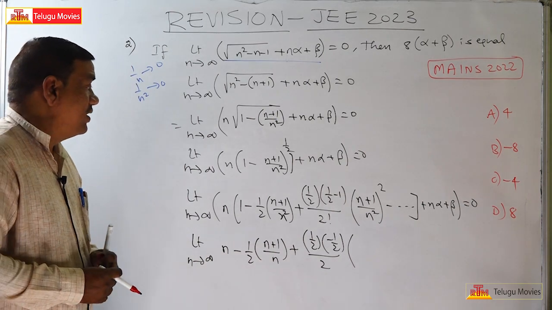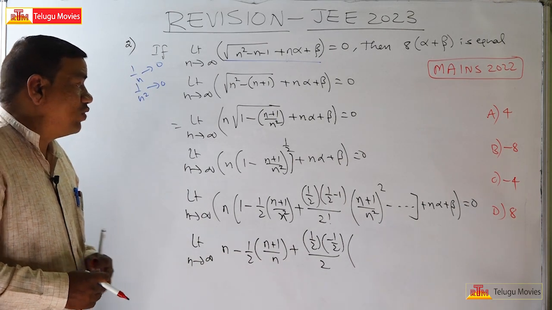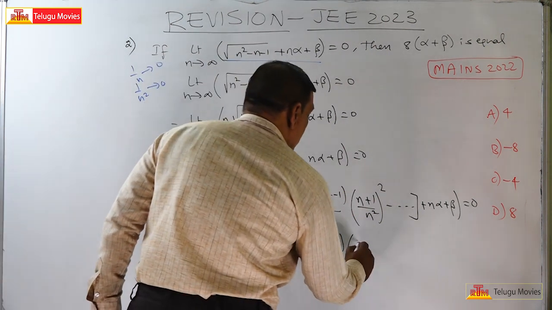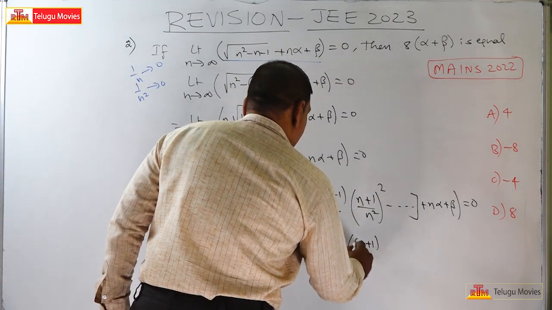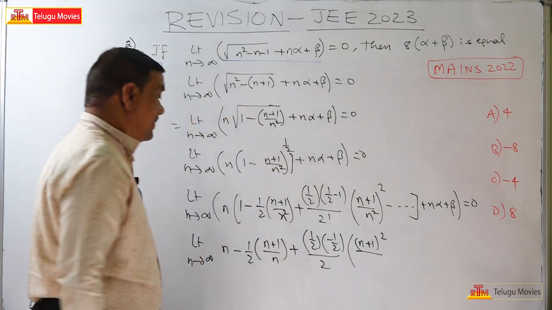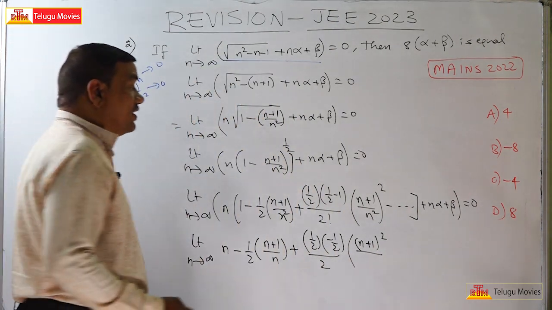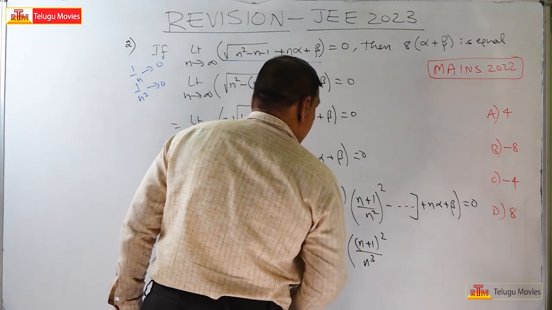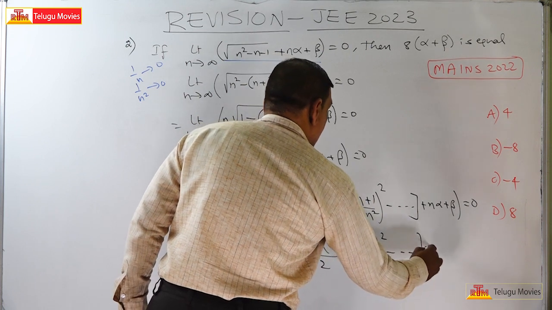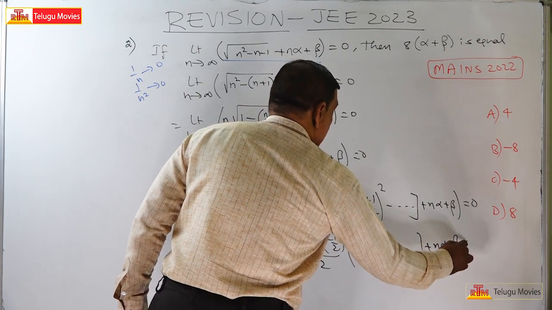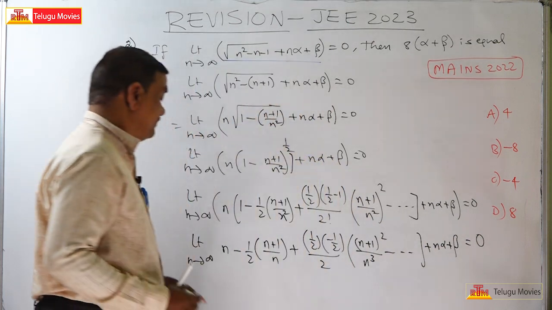So this is (n plus 1) whole square by n to the power of 4. That means here you will get n cube, minus and so on, plus n alpha plus beta is equal to 0.